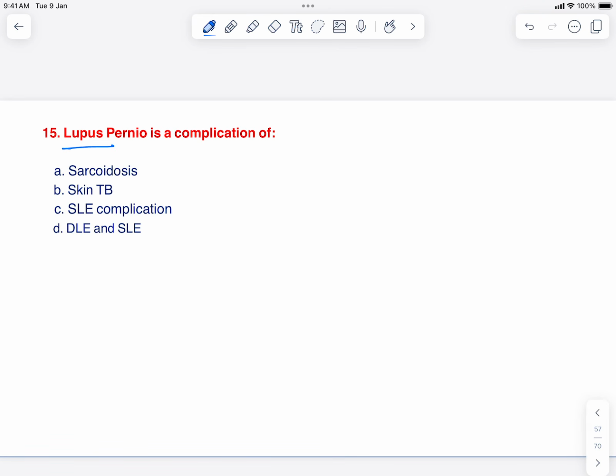Lupus pernio is a complication of sarcoidosis, skin tuberculosis, SLE complication, discoid lupus erythematosus. Lupus pernio is a complication of sarcoidosis, right? So this is one of the most common cutaneous manifestations in patients with sarcoidosis.